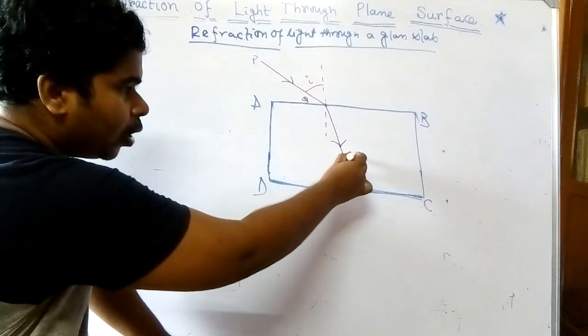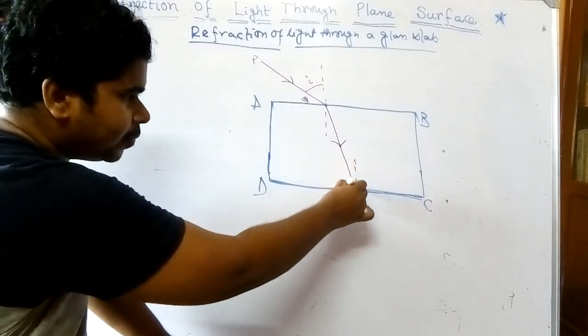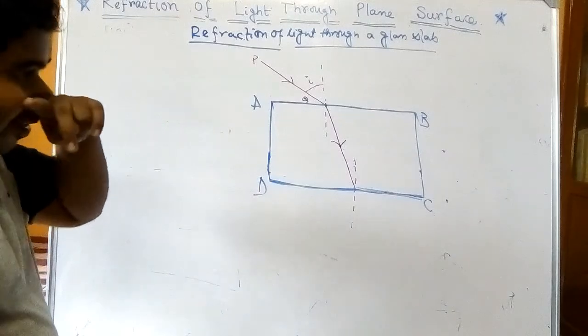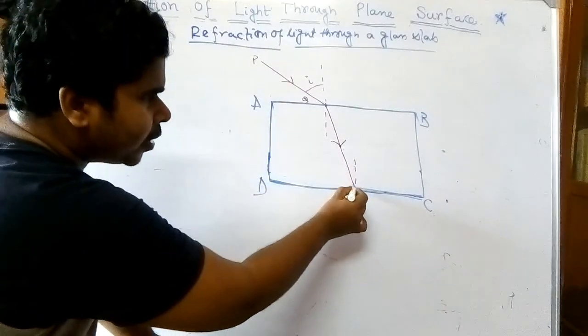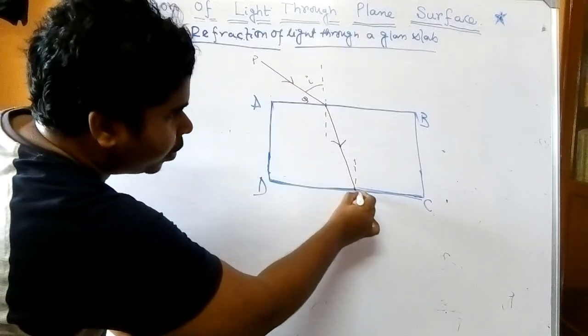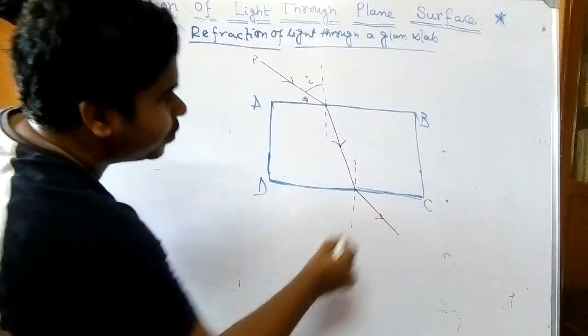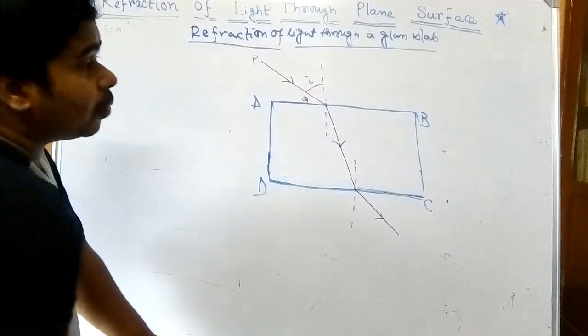If I draw a normal here, the light comes from denser to rarer. As it comes from denser to rarer, it will be deviated along this path. It will move away from the normal.